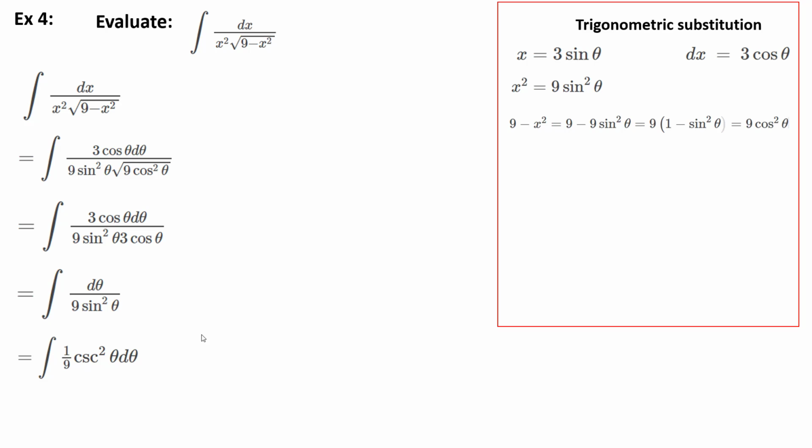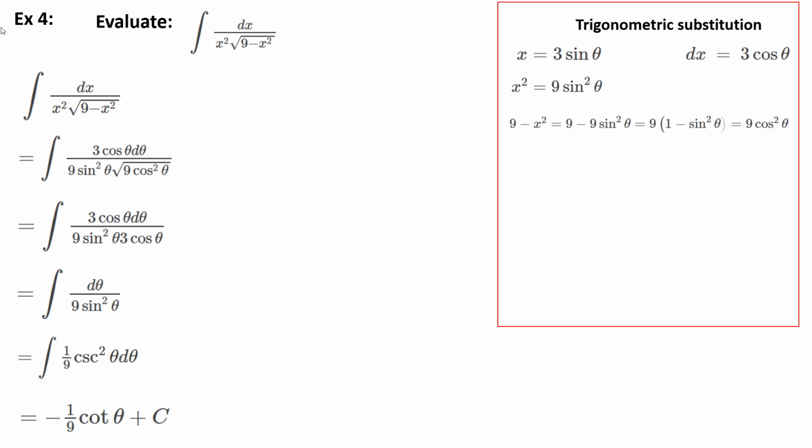And then, of course, we know that that is one of our standard integrals, because it's one of our standard derivatives, so we can just remember the result in reverse. The derivative of cotangent is negative cosecant squared, right? So the integral of 1/9 cosecant squared theta d theta is negative 1/9 cotangent theta plus c.